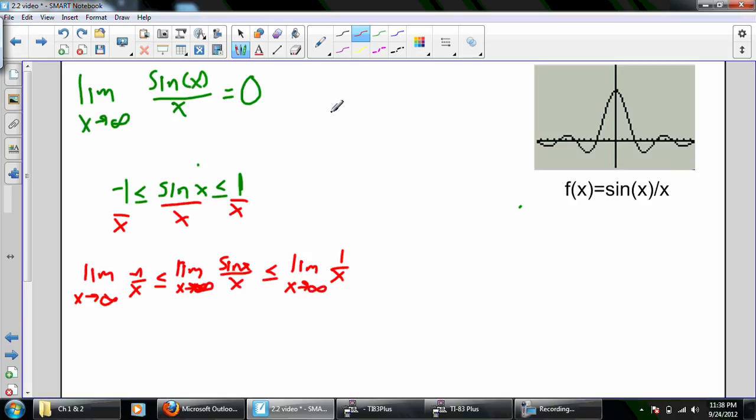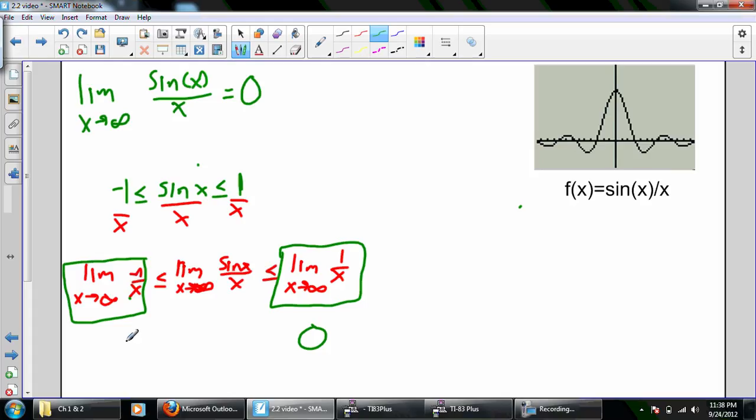Well, we know some of this stuff. We know that this limit, because we looked at it, we figured it out, is 0. And we did that in one of our previous examples. I'm going to assume it's not going to take much work to show that as this function gets bigger and bigger, as it gets closer and closer to infinity, this will also approach 0.